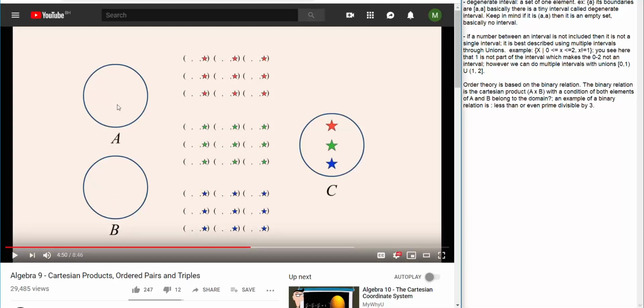Notice that here he's saying that the first element is from A, the second element from B, and the third element from C. So the order here is very important. Otherwise, you'll have more combinations than what's already displayed. For example, if the order wasn't important, like in an equivalence relation, then you'd have to form all possible combinations with B being the first one and C being the first one.